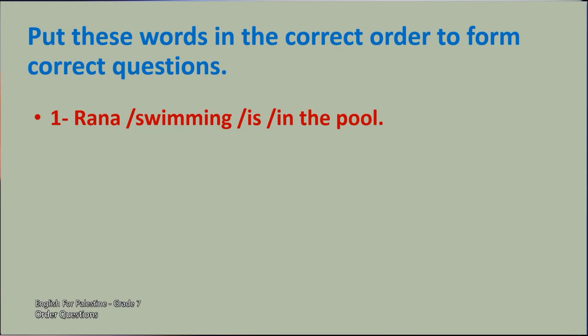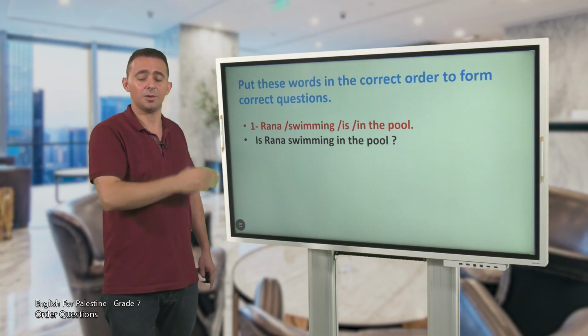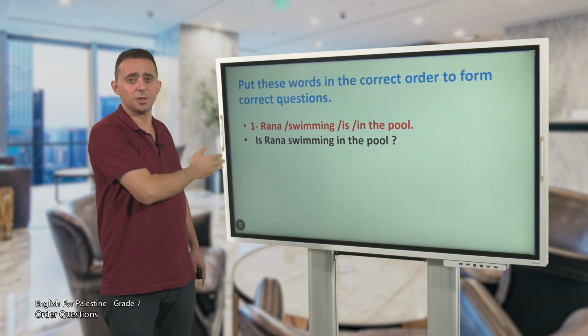Because we have an auxiliary verb is. So we start with is. And where is the subject? The subject, of course, is Rana. So is Rana, and then the main verb is swimming. Is Rana swimming in the pool? And at the end we put a question mark. This is a yes-no question.